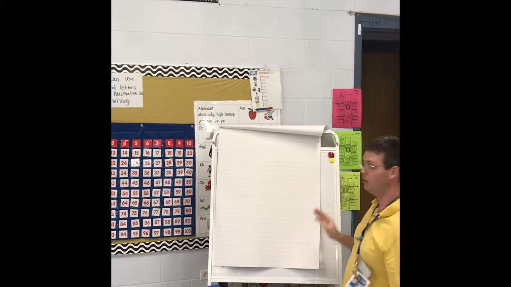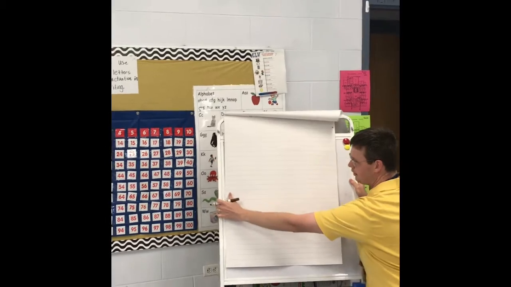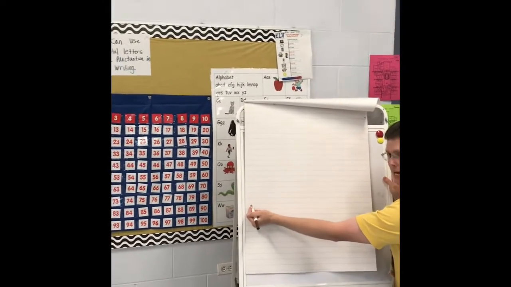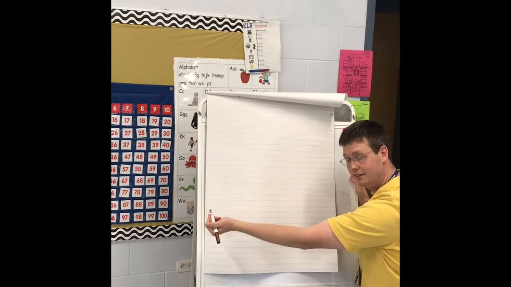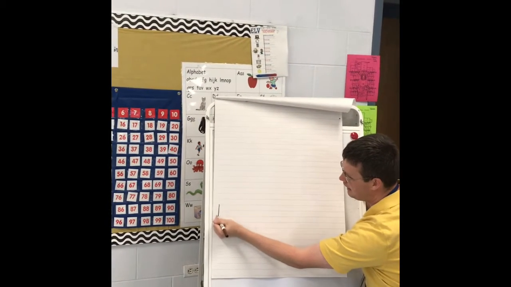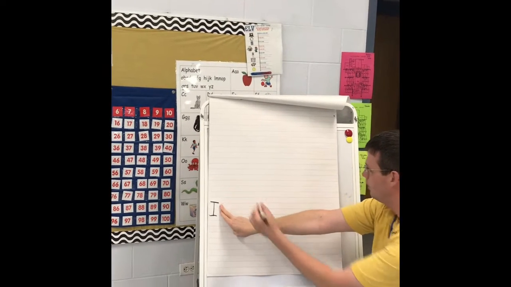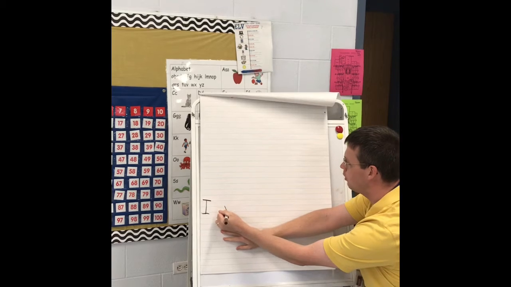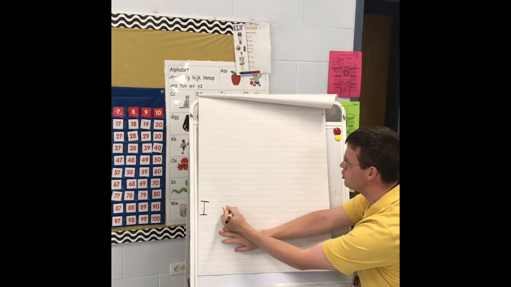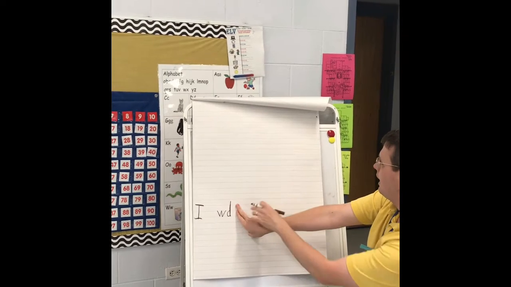Okay. So remember, we still have to use our two-finger spacing, but do you remember what we're going to start with? It's going to be I, okay? So what kind of I? Remember? Yeah, capital I. Get your two-finger spacing to help me. Watched. I don't hear very many sounds, okay.